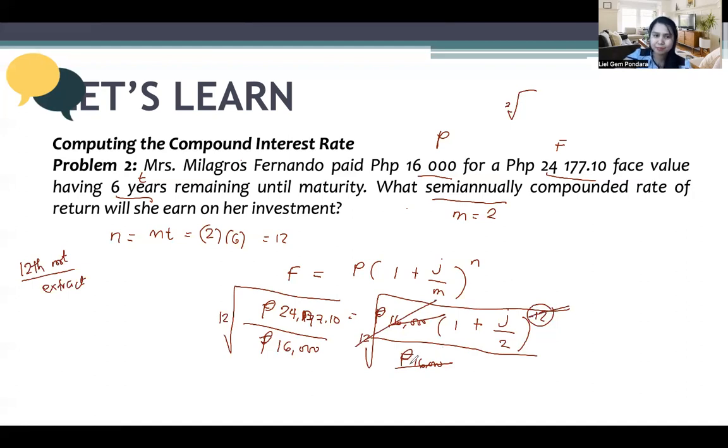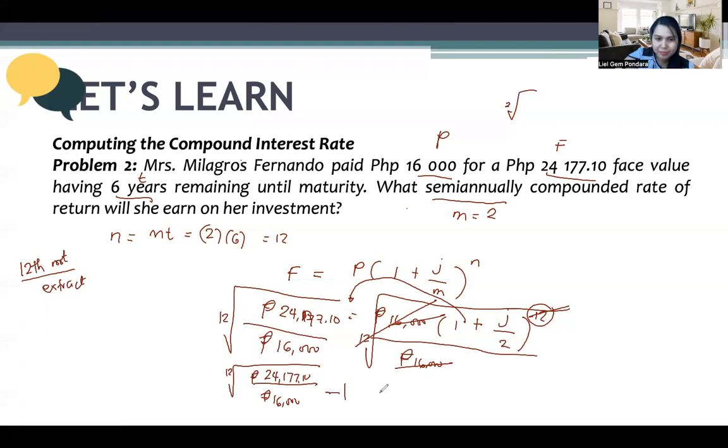What's next? What do we do next? Transfer the 1. Okay, -1. So transfer the 1. This one will be transferred. -1.